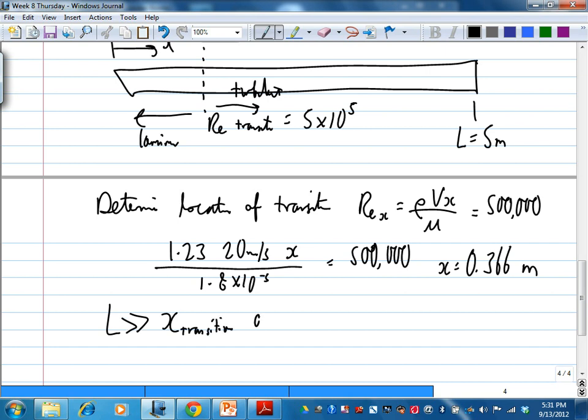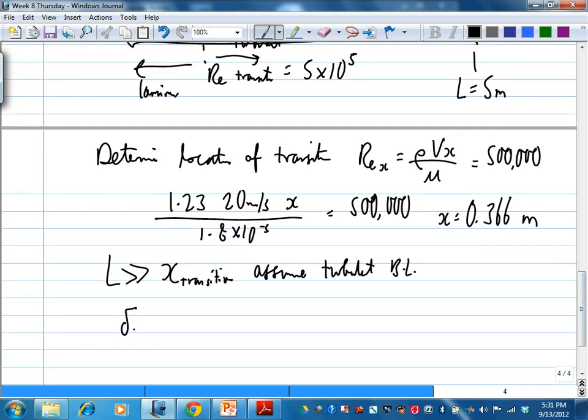All right, we assume turbulent boundary layer. Okay, so find the delta at L, find delta star and C_D of the plate, assuming smooth plate.